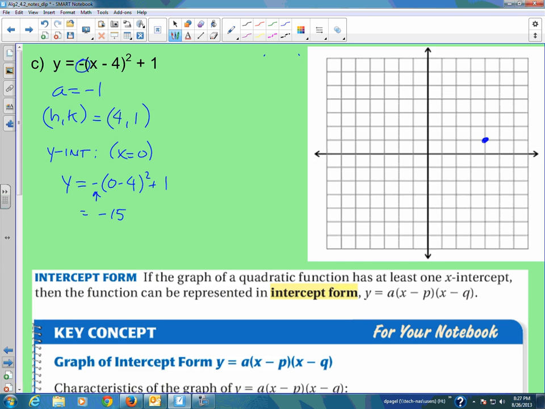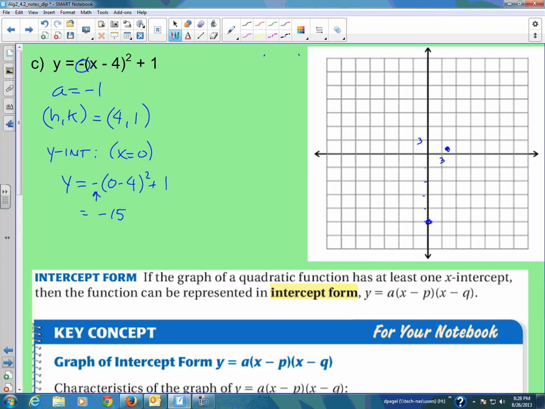So I don't really have a great graph right now to be able to graph this using single units, each square representing 1. So I'm just going to adjust my scale here. Let's say I go by 3s for each square. So 4, 1 is going to be right about there. And then going down, -3, -6, -9, -12, -15. There would be my y-intercept.